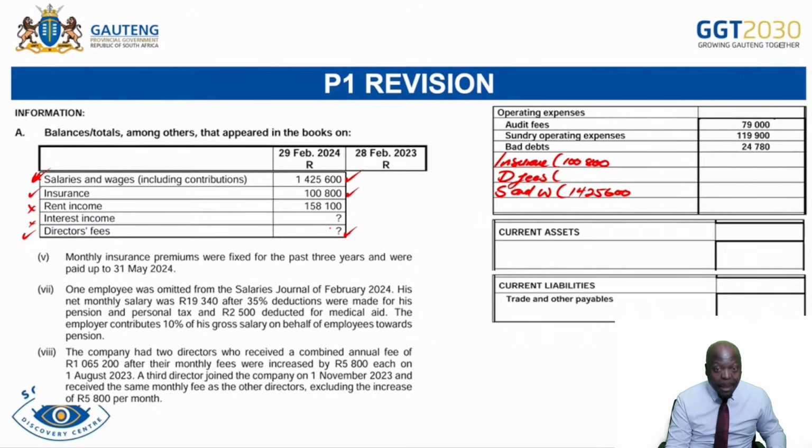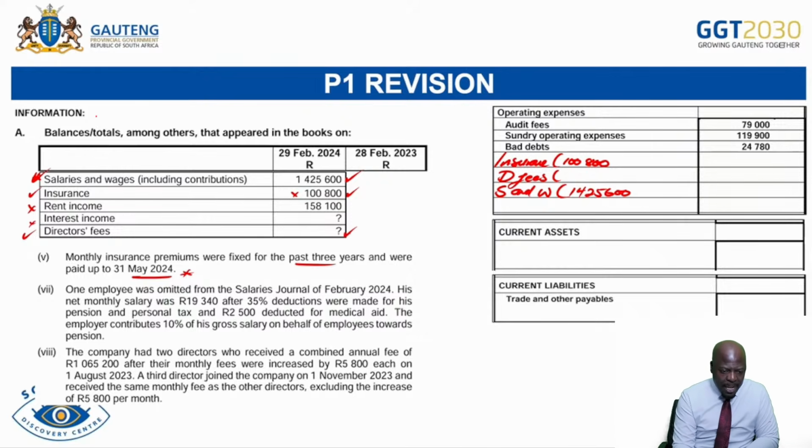First things first, monthly insurance. It reads, monthly insurance premiums were fixed for the past 3 years and were paid up to 31 May. So how much was paid? Remember, timeline, very key.